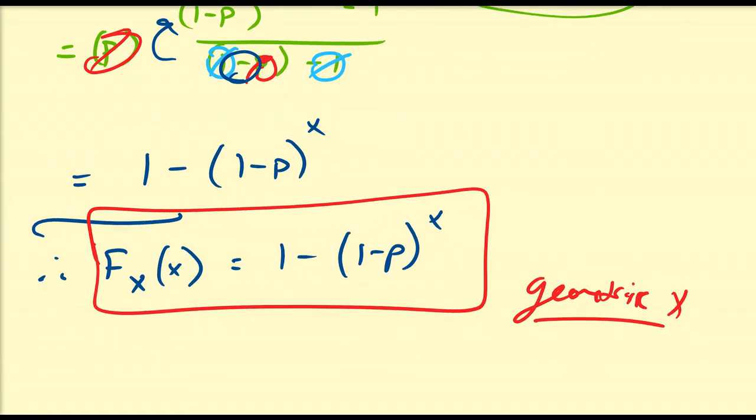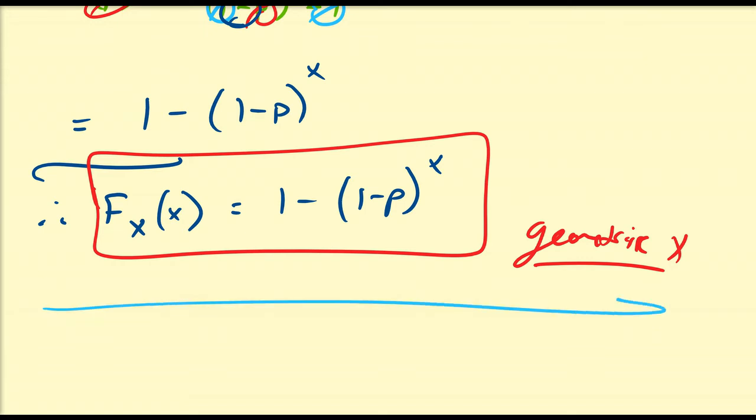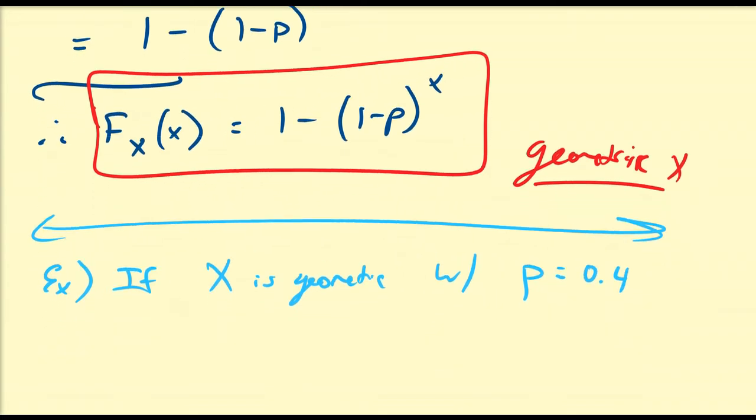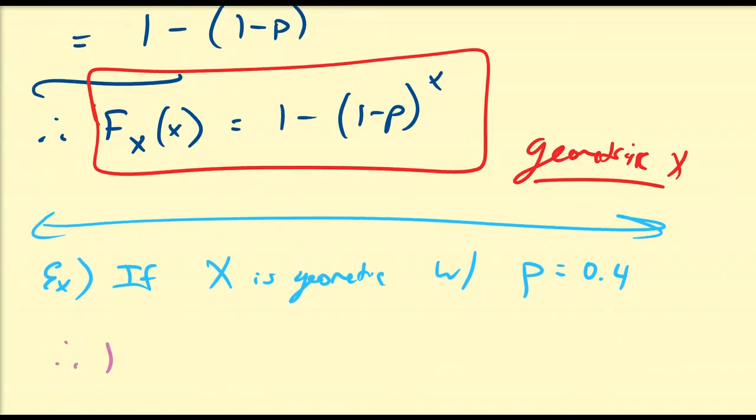Alright, so let's do a practical example of how you may want to use cumulative distribution functions. So let us assume that x is geometric with the probability of success being equal to 40%. And let us assume we're interested in the probability that we get our first success in the first 7 trials.